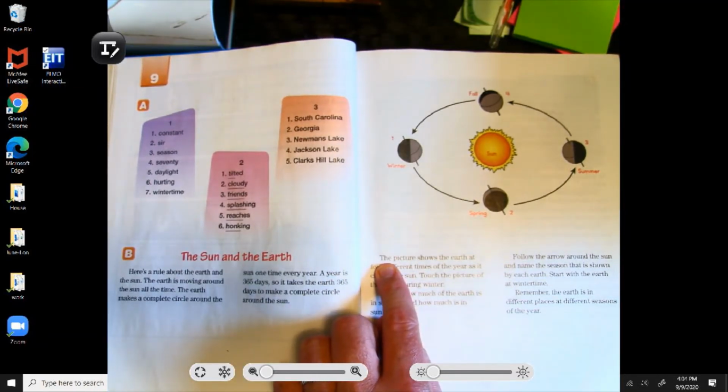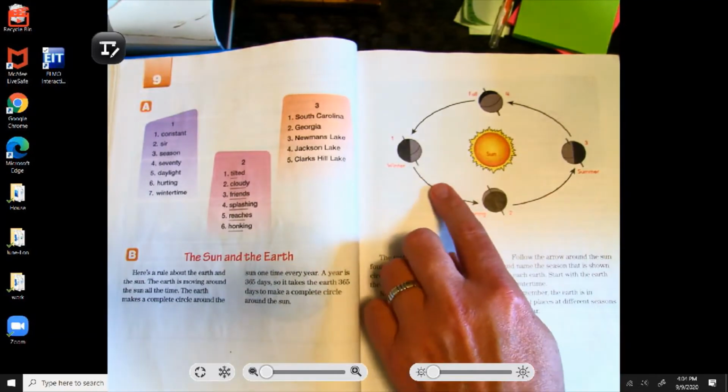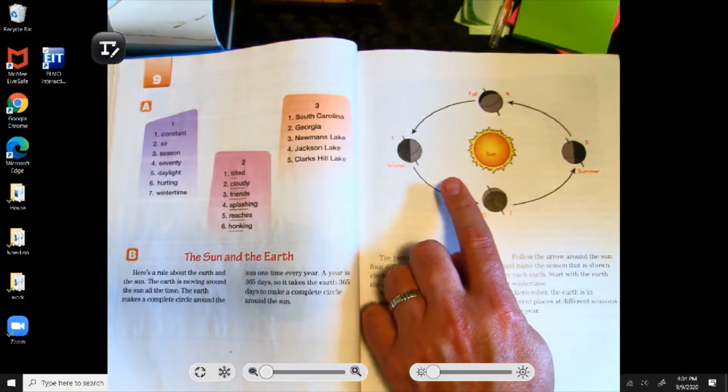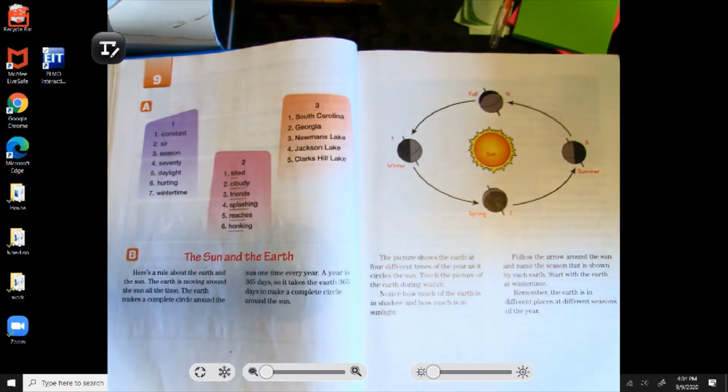Tracking finger ready. The picture shows the Earth at 4 different times of the year as it circles the Sun. So scholars, there aren't actually 4 Earths. It's showing 1 Earth at 4 different seasons of the year. Touch the picture of the Earth during winter.